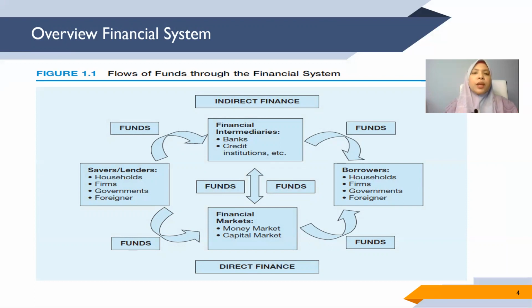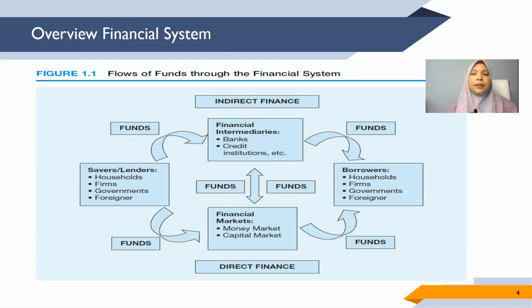And also, as you can see in the below section, we have the financial market. In the financial market, we have the money market and also the capital market. This is direct finance, where the savers and lenders will invest their money in the capital market or the money market.